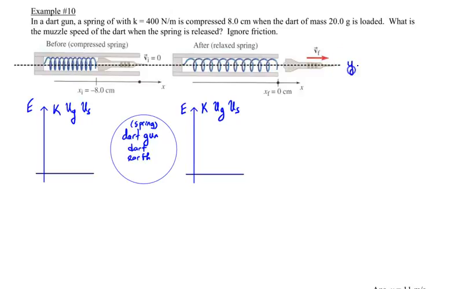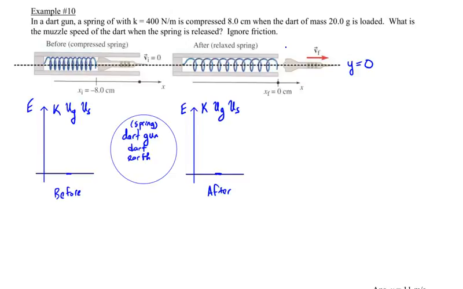Let's just choose y to be equal to 0, therefore making our gravitational potential energy 0 both initially and finally. So this is our before picture, this is our after picture. By the way, this is going to be our before energy bar graph, and this is our after energy bar graph. Okay, so we've just eliminated gravitational potential energy because the dart doesn't go up at all and it stays at the same level.